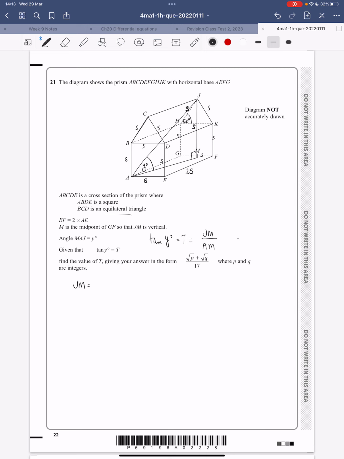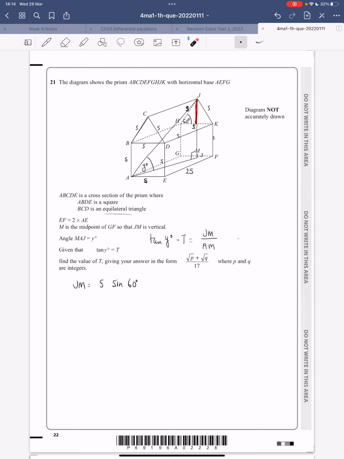Okay, so JM is equal to S sine 60 degrees, which is this length here. I'll do this in another colour. Okay, because that's going to be S, this is a right angle triangle.